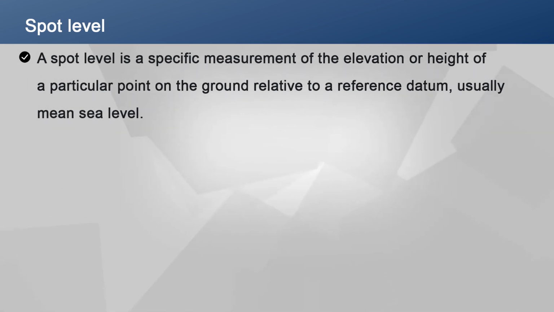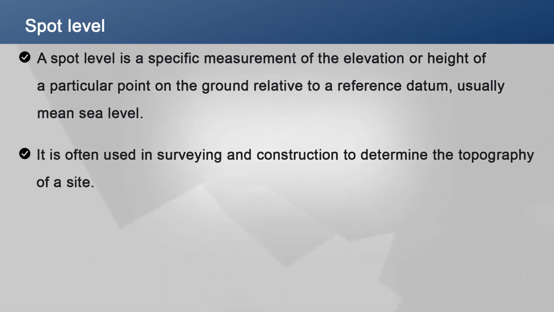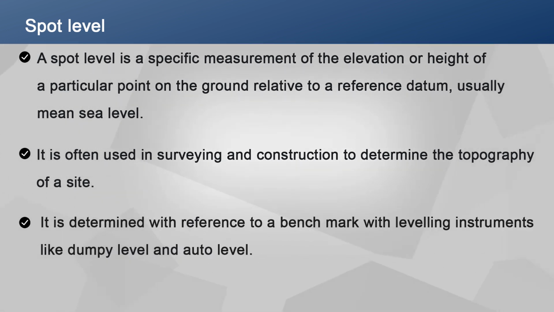As we have also discussed earlier, spot level represents the exact elevation of that point and is often used in surveying and construction to determine the topography of a site. It is determined with reference to benchmark with the help of leveling instrument like dumpy level and auto level.